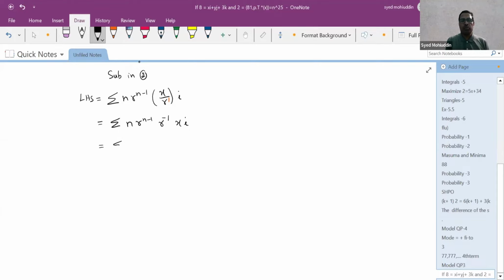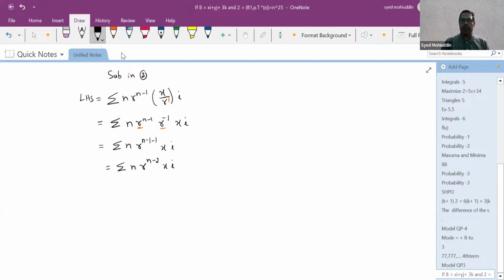That is nothing but summation of n. If you observe, the base is r. So whenever the bases are the same, powers can be added. So you can just add the powers n minus 1 and minus 1, into x into i, which is equal to summation of n r power of n minus 2 times x into i.